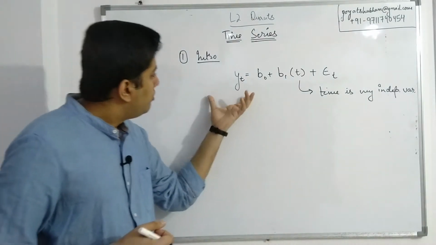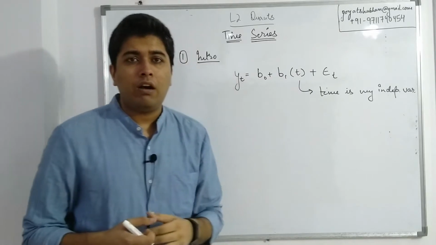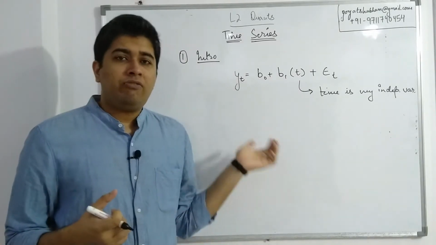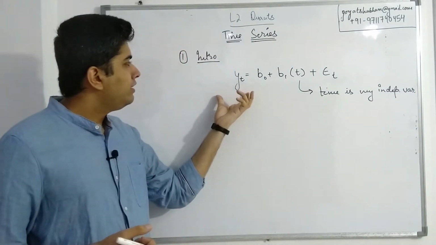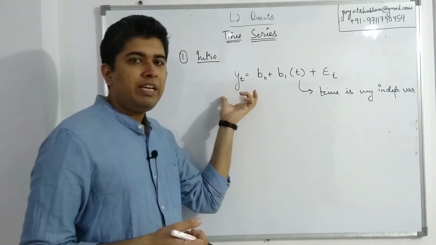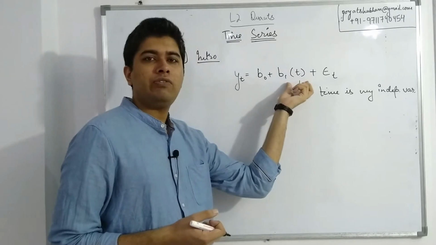Normally if we had a linear regression and we had x in this place, our equation would simply say how much movement of y is being explained by x. In case of a time series, we are simply saying how much movement of y can be explained by the simple fact of passage of time.